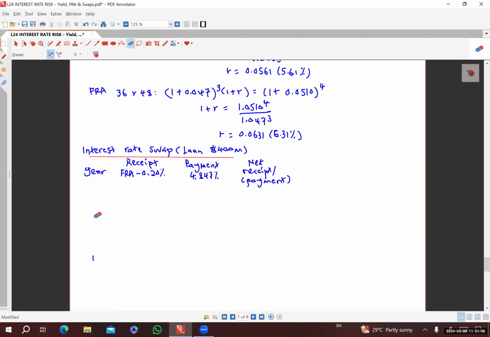The payment first: 4.847% times 400 million.